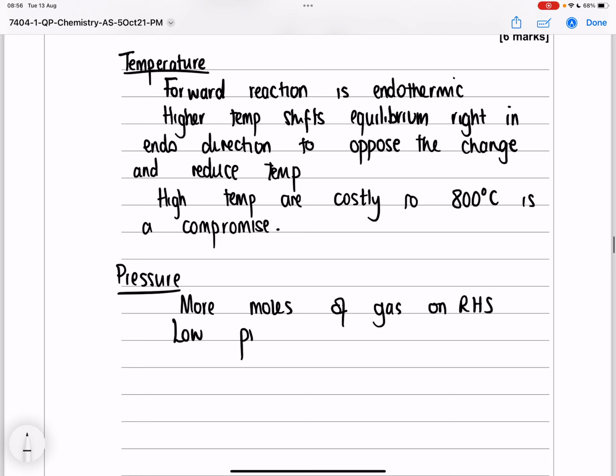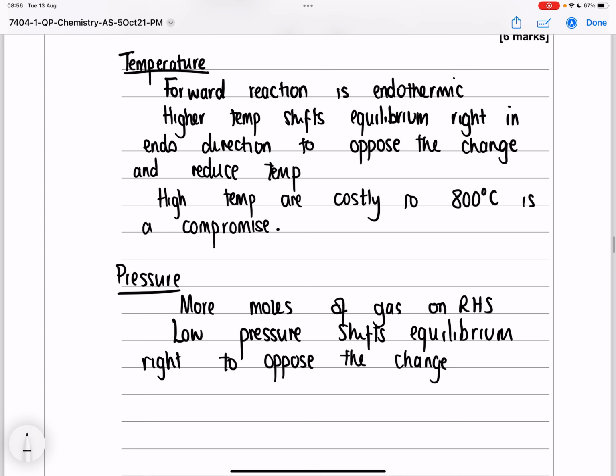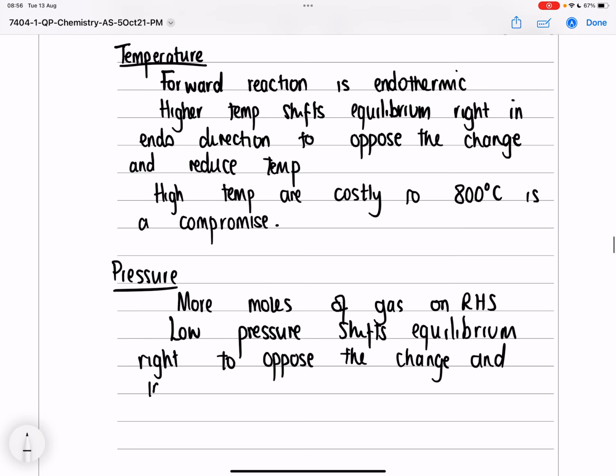Low pressure shifts equilibrium right to oppose the change and increase the pressure, as more moles exert more pressure.